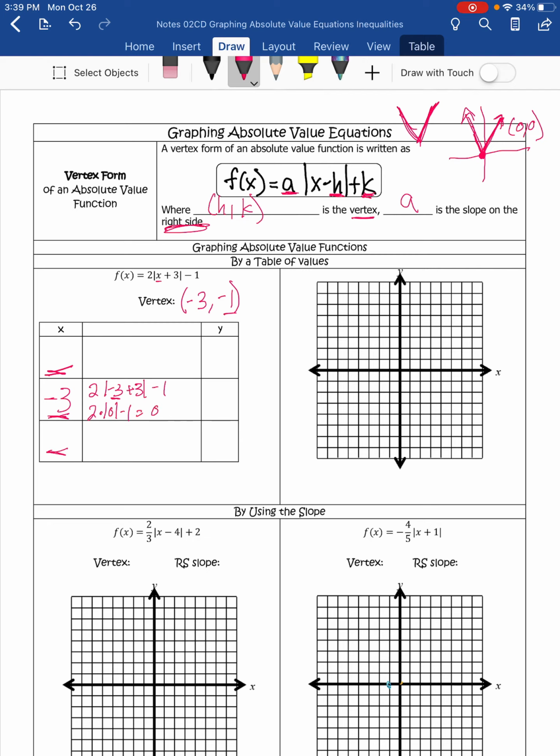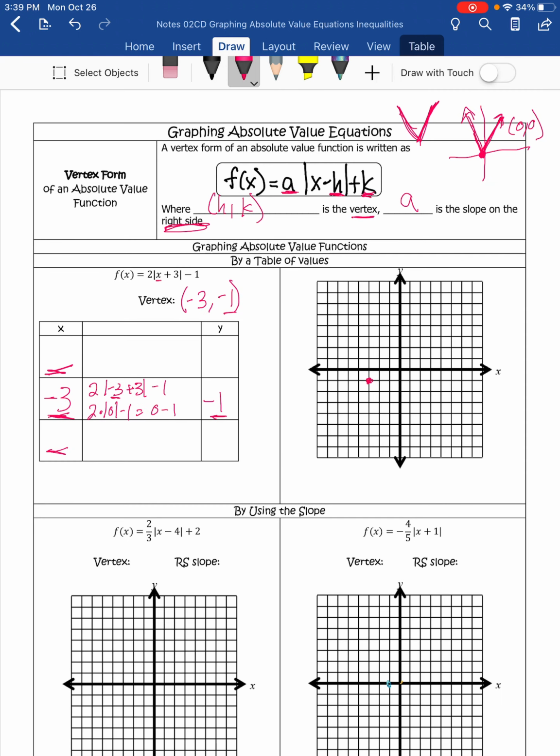So that's going to be 0 minus 1, which is negative 1. So sure enough, when I put negative 3 in for x, I get negative 1 for y. That's my vertex. You guys don't have to do this, but I'm just telling you that that's how I come up with the points. I find an x value, I put it into the equation, and then the y value of my point is going to be the output of that equation.